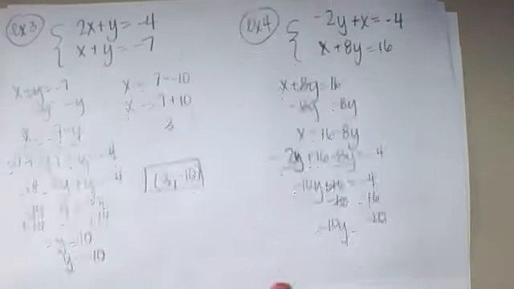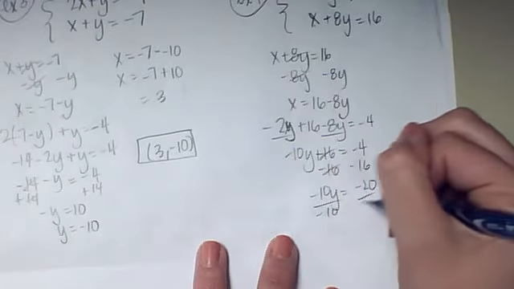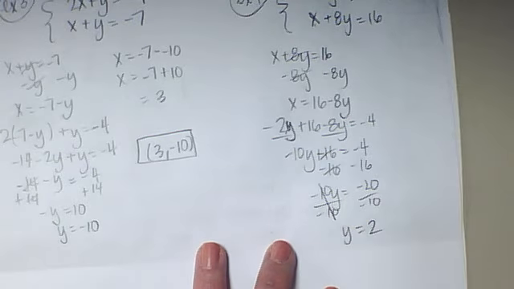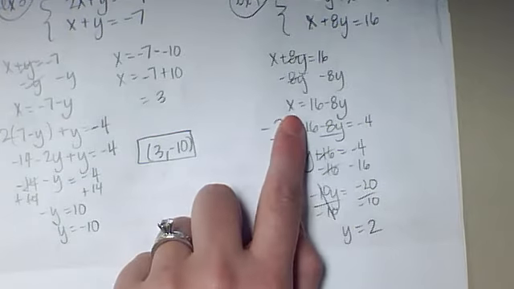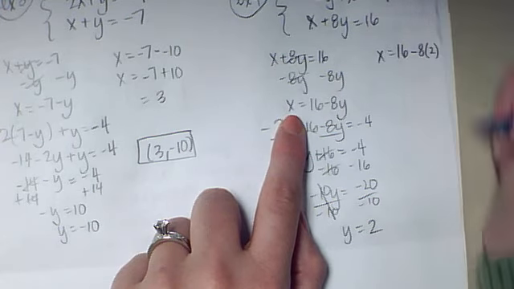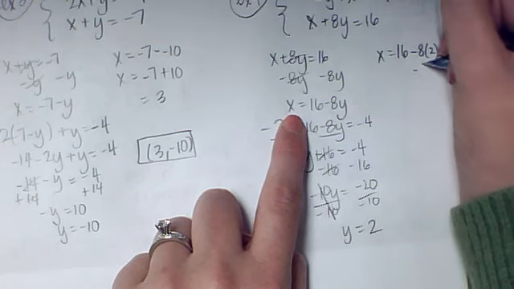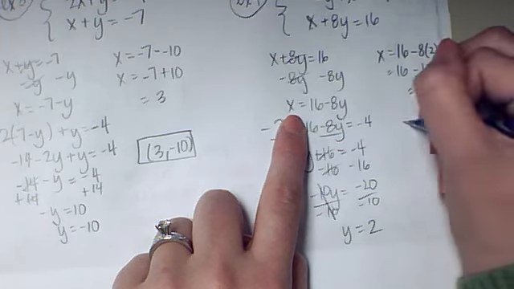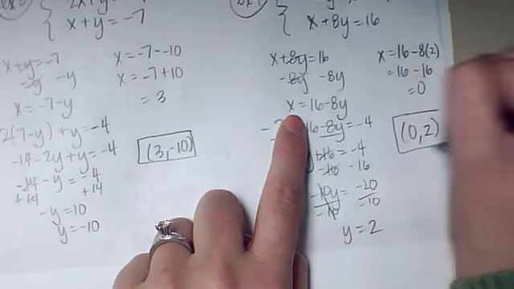I get negative 20. Divide by negative 10. And y equals positive 2. To figure out what x equals, I go find the x equals equation. I'm going to do 16 minus 8 times 2. Negative 8 times 2 is negative 16. And 16 minus 16 is 0. So my point is 0, 2.